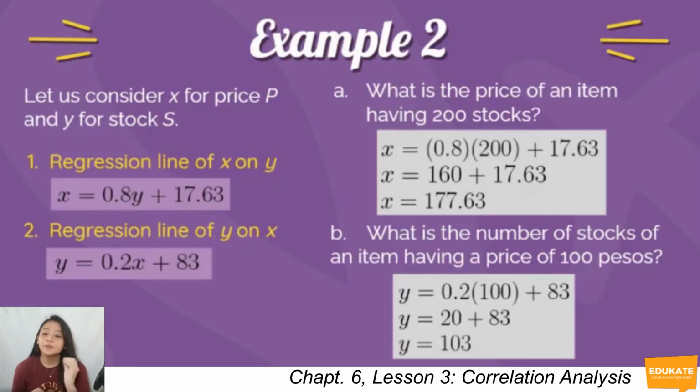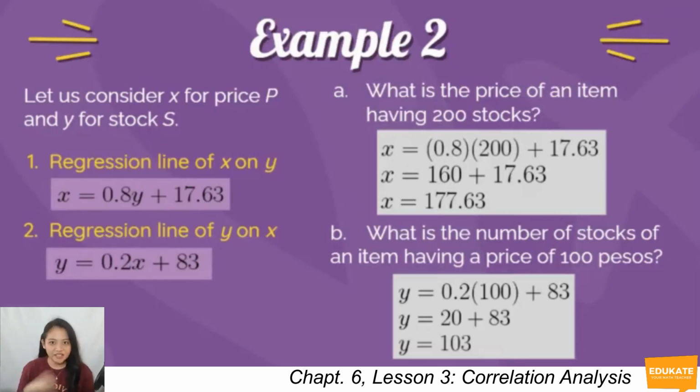Plus 17.63. Next, we have X equals 160 plus 17.63. This would give us the value of X, 177.63. So the price of your item having 200 stocks is 177.63 pesos.